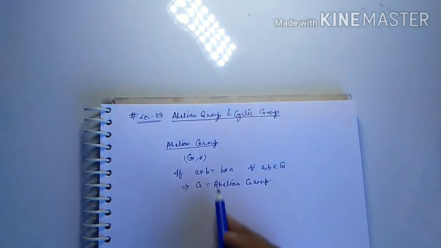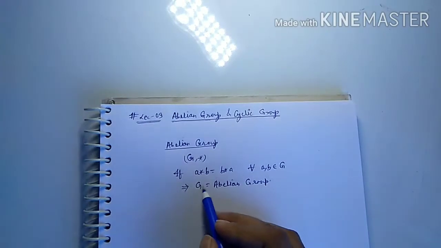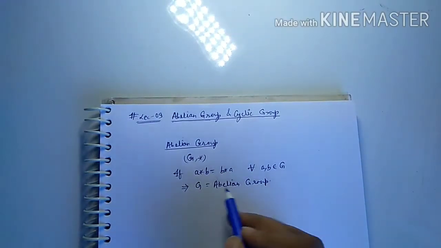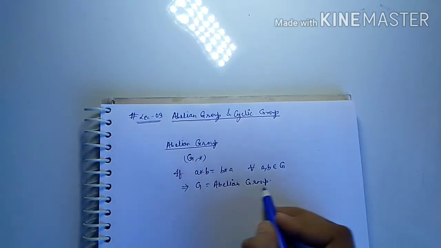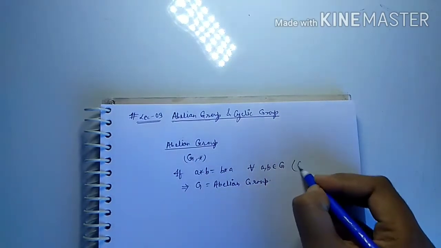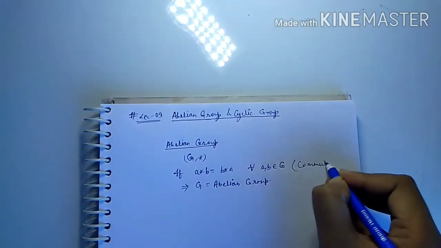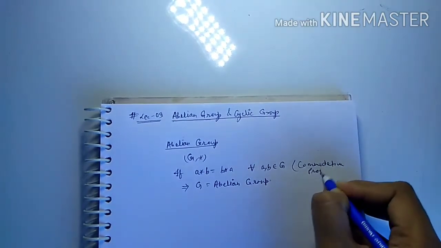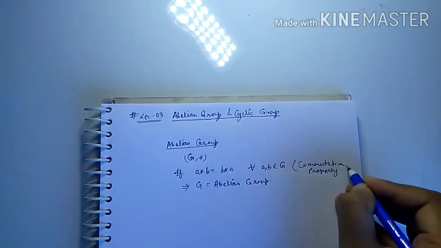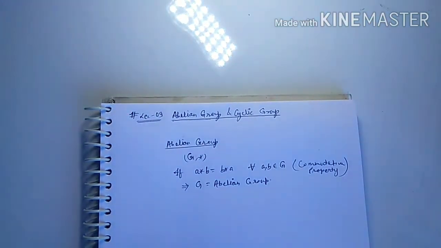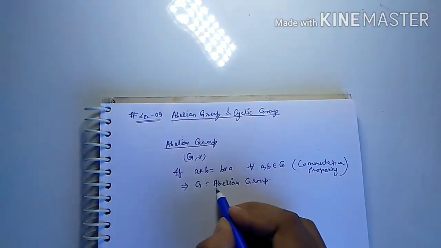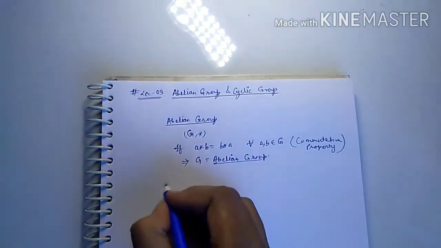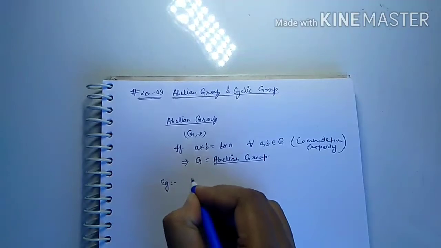That means any two elements from this group commute with each other, then that group will be called an abelian group. It is the commutative property. So this is the meaning of abelian group, and now we will see some examples of abelian group.